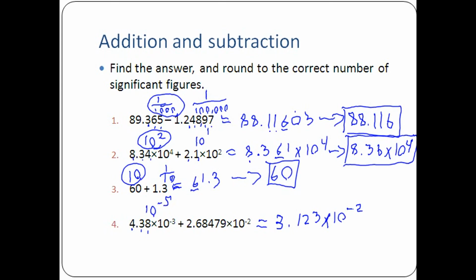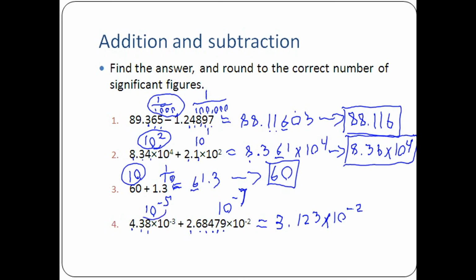Okay? For our next one, we have 2.68479 times 10 to the negative 2nd. So the 2 is 10 to the negative 2nd, then 10 to the negative 3rd, 10 to the negative 4th, 10 to the negative 5th, 10 to the negative 6th, 10 to the negative 7th. And so our lowest spot is 10 to the negative 7th. That's a 7. Which one is going to be the least precise one?